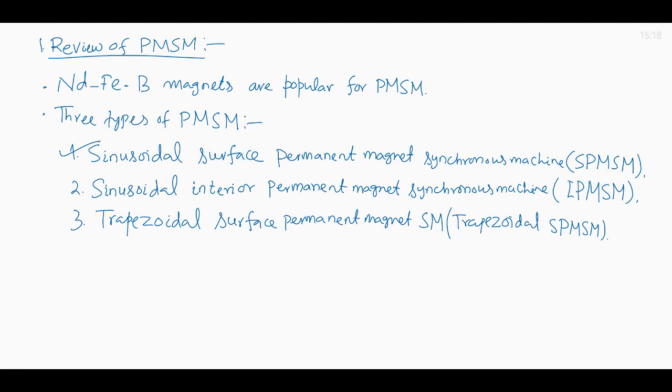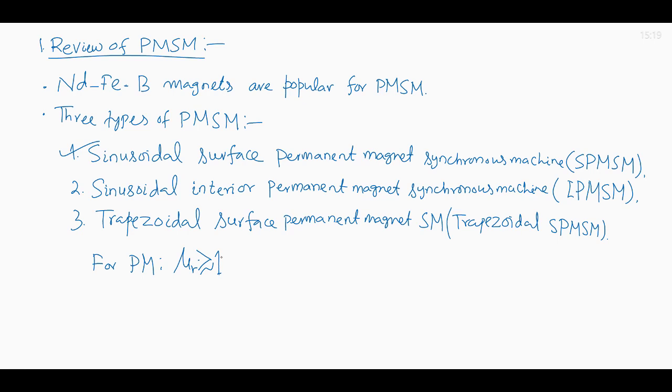So, in this machine, stator has 3-phase distributed winding, and permanent magnets are glued on the rotor. Since for a permanent magnet the relative permeability is nearly equal to 1, that is important. For permanent magnet relative permeability mu r is close to 1, but slightly greater than 1.